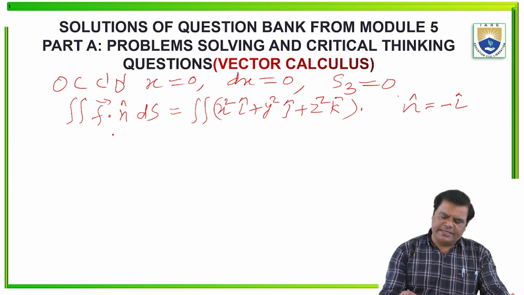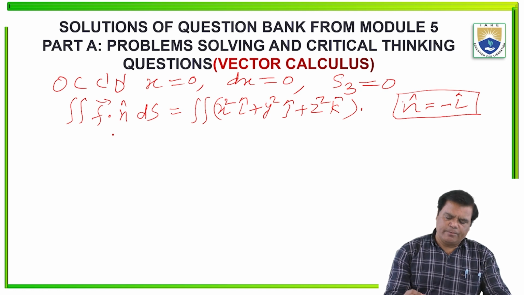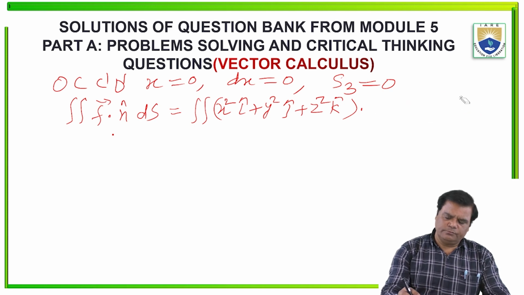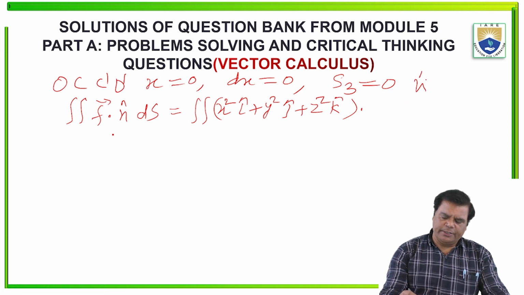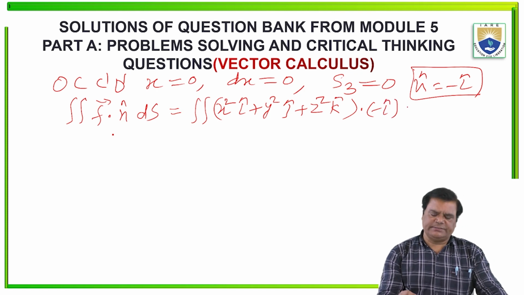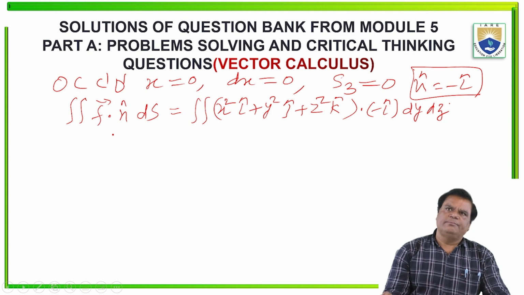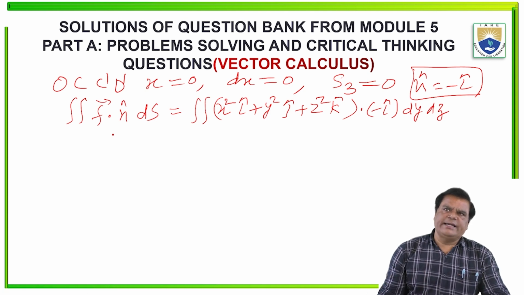So the n vector is minus i. So writing here minus i, and into ds, which means dy and dz, for the plane along the yz axis.